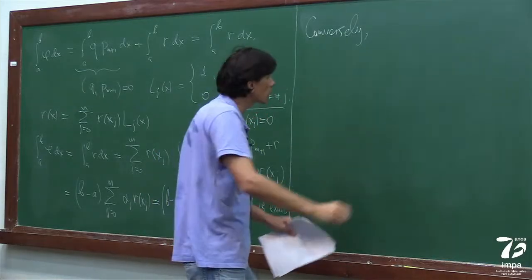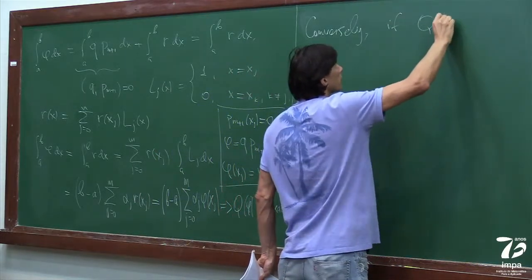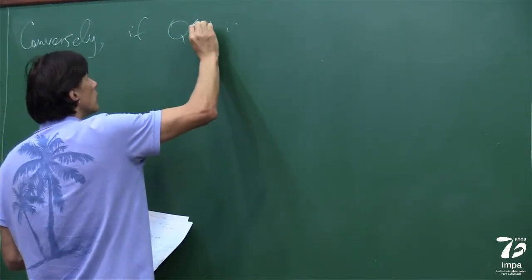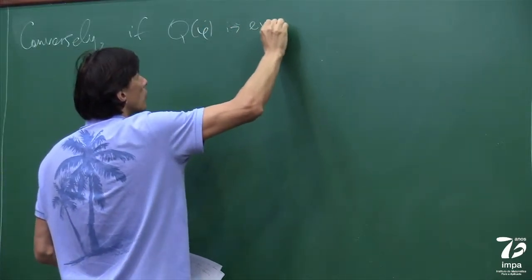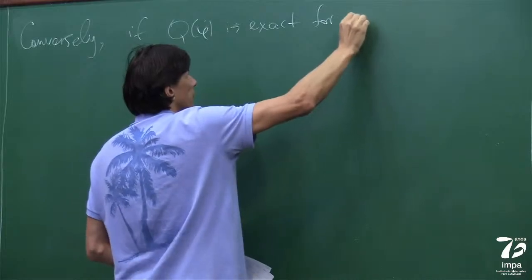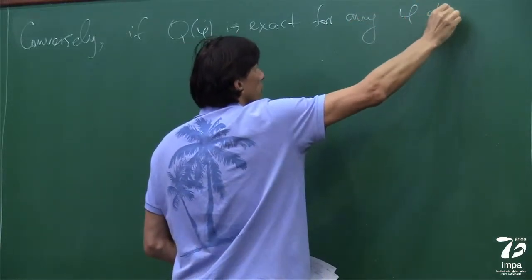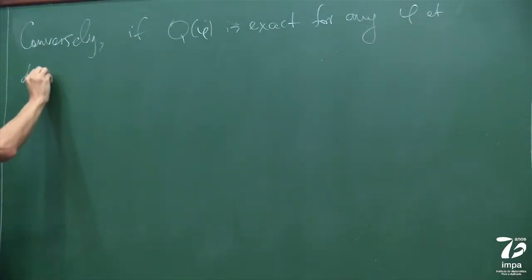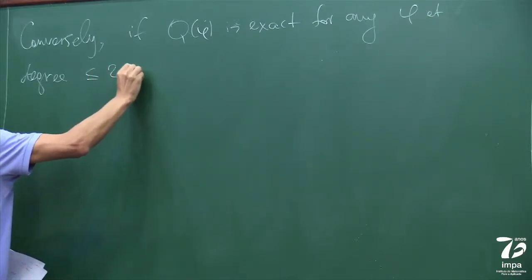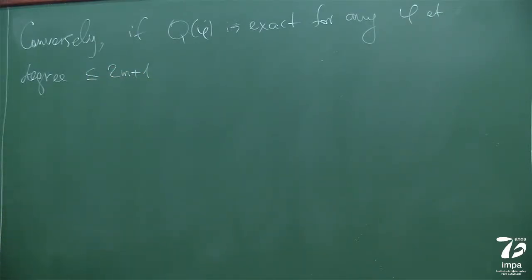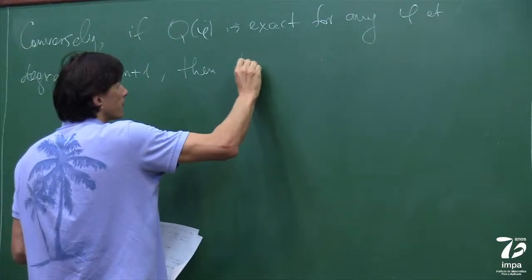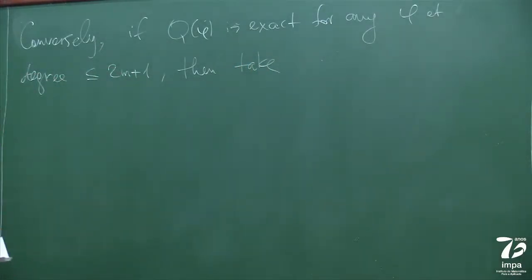Conversely, if Q[f] is exact for any phi of degree smaller or equal to 2m plus 1, then we take a special form of this phi.